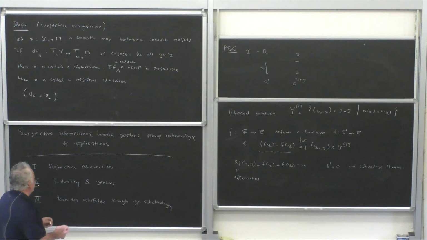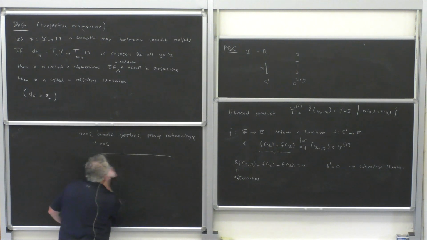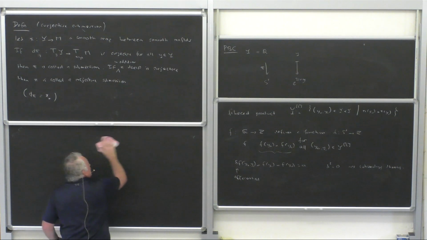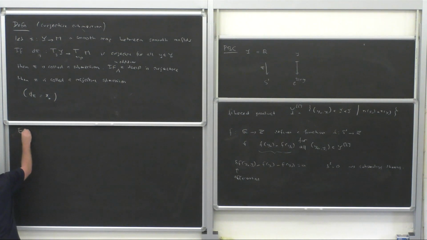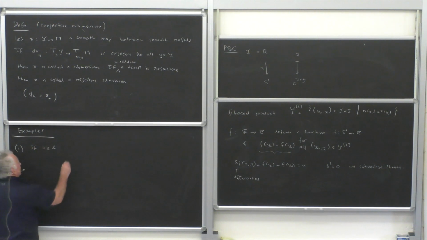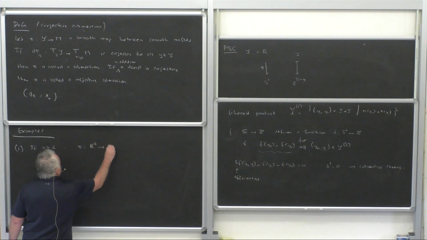But it turns out that surjective submersions have lots of interesting properties which make them particularly interesting. But maybe first a few examples. Okay, so the first example is very obvious. If k is bigger or equal to l, then I can define a surjective submersion from R^k to R^l.